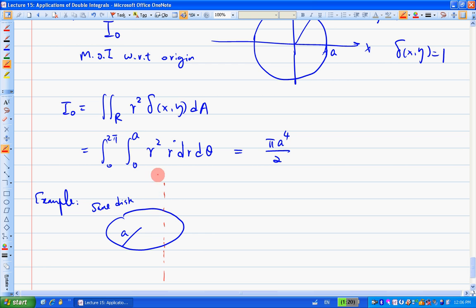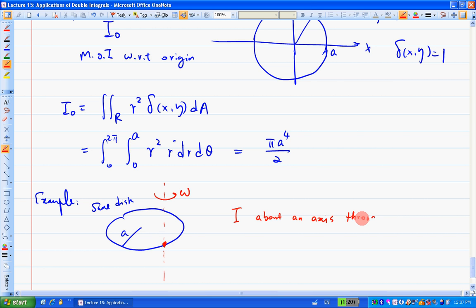So let's say it's rotating about here, an axis passing through any point on the edge.